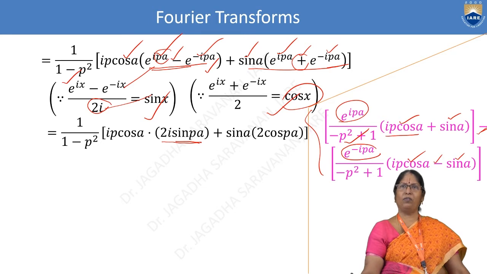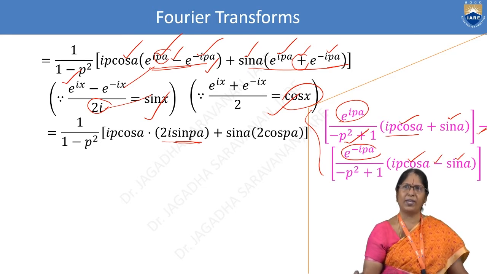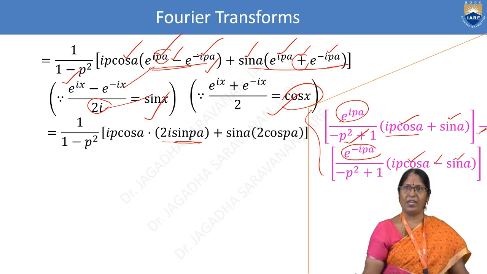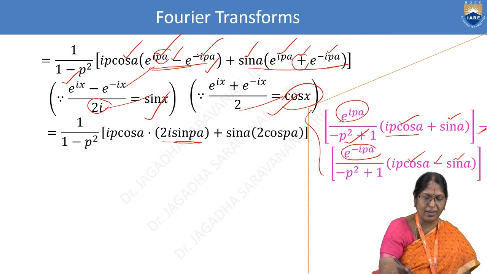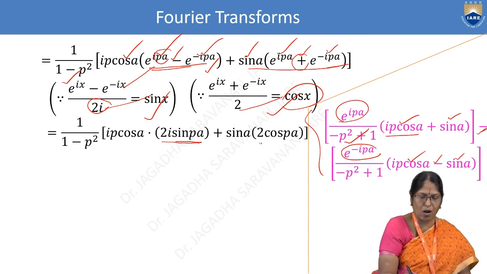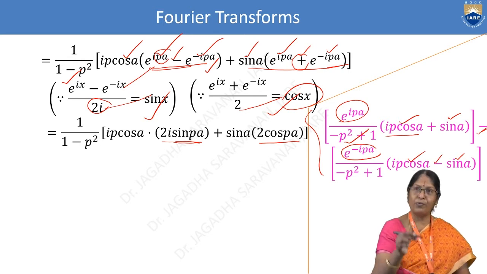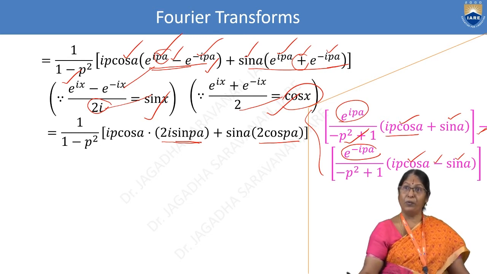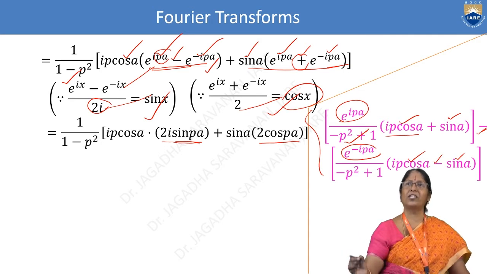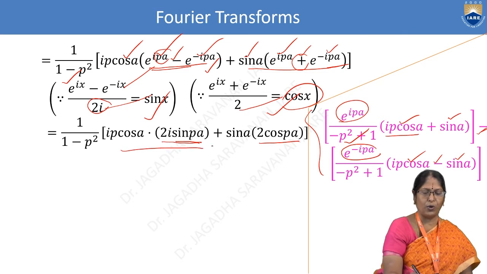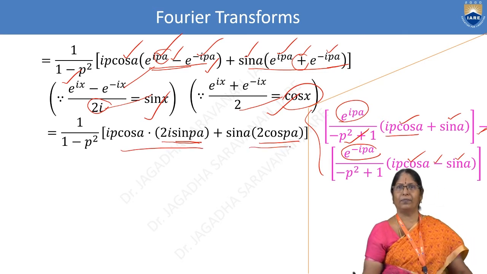In mathematics, if you understand the concepts, it is very easy. So the x here is pA, and the 2 comes here, so 2 cos pA. We have taken help from these two formulas, identified that x is playing the role of pA, substituted, and finally got this result.